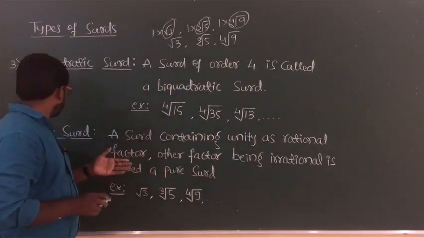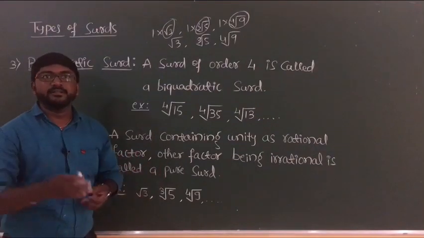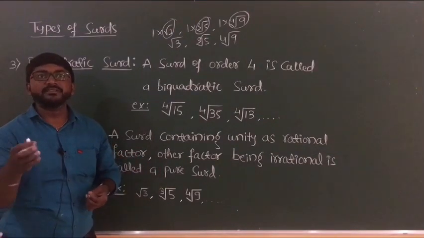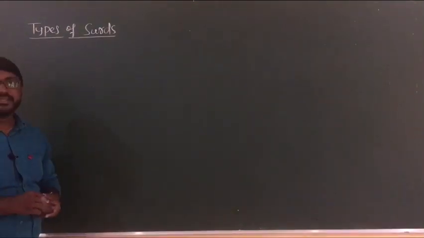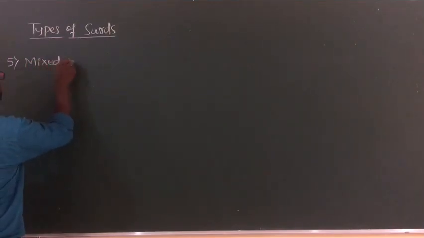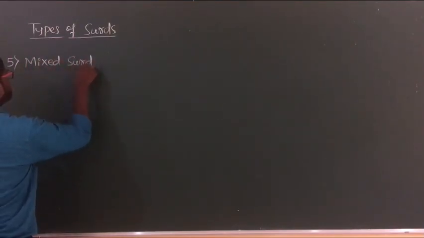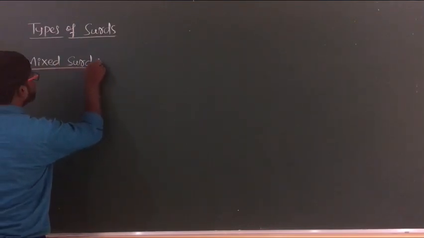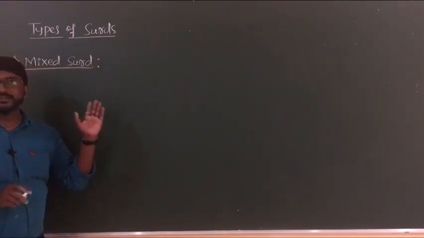So this is all about a pure surd, and then we are going to discuss about mixed surds. The next type, the fifth one, is a mixed surd. So let us go for the definition of a mixed surd.